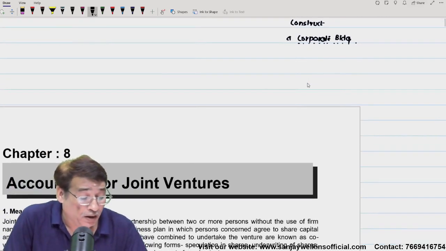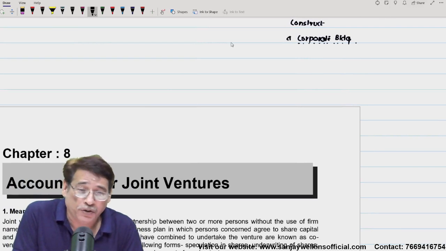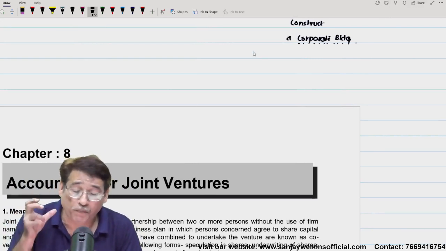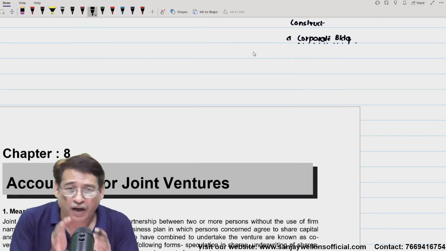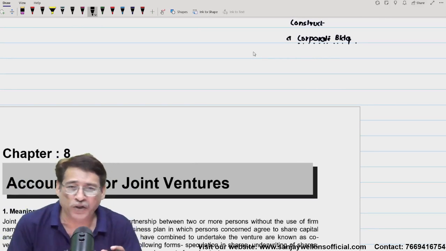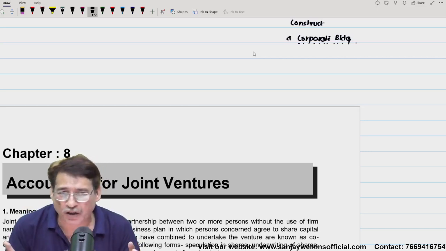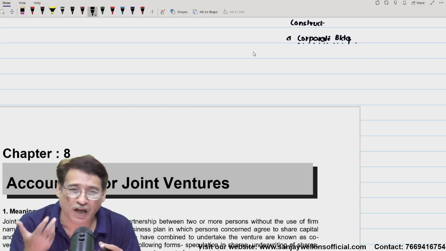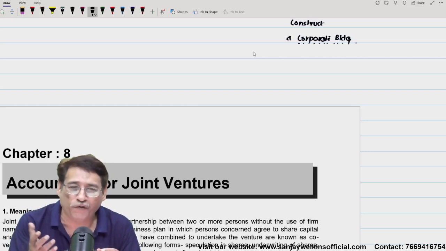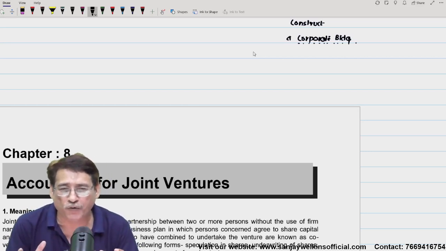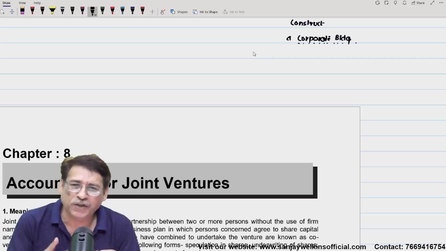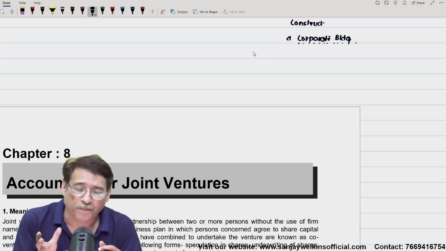So what A and B are going to do, initially they are going to pull money out of their pocket, and they will have to incur the various expenses related to construction of the corporate building. That means they will have to purchase the material, they will have to incur the expenses in the form of labor, supervisor's fee, architect's fee. So whatsoever expenses are required to construct a building, correct?